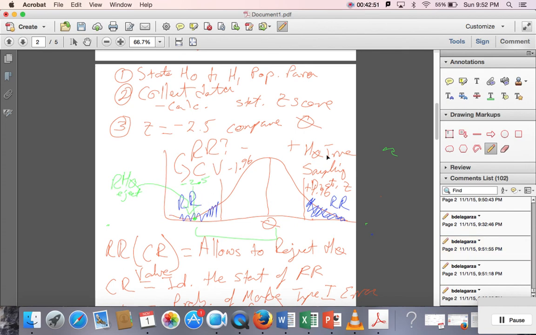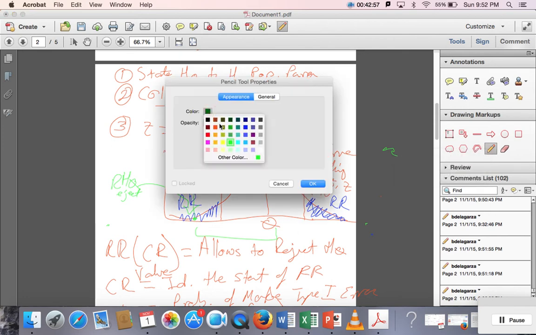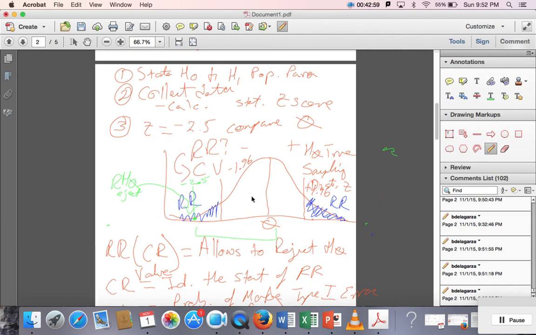If my statistic would have landed anywhere else, so for instance, if my statistic would have landed, and here I'll change the color one more time, in this area here, I would have had to retain the null hypothesis. Why? Because it would have landed outside of the borders of the region of rejection.